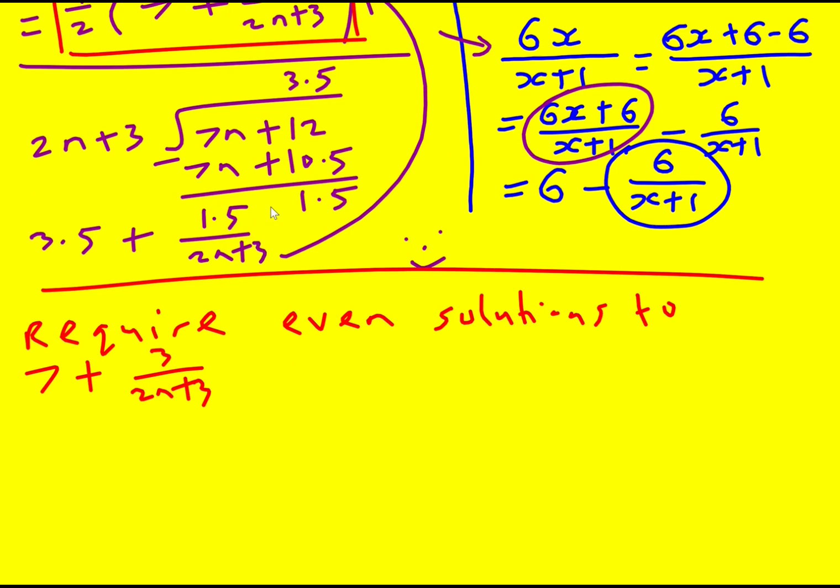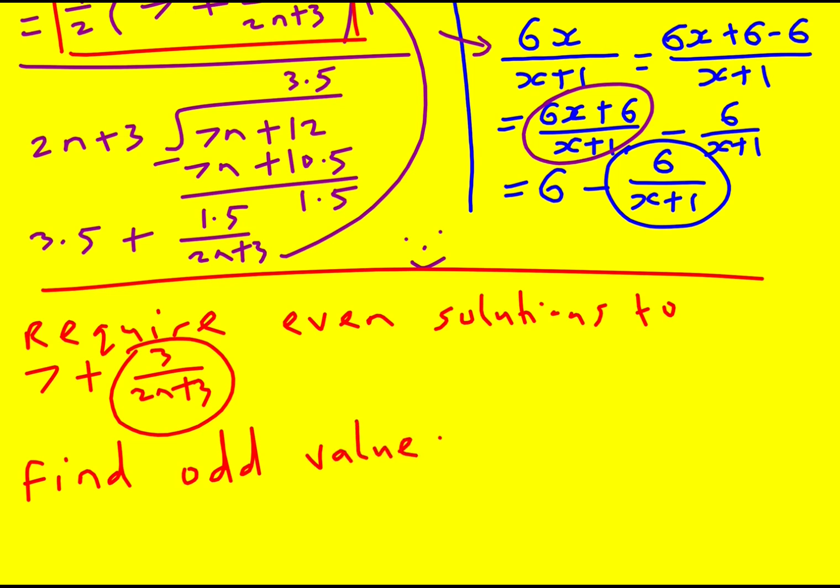I'm not going to get an integer. And how do I get an even number here? Well, I'm going to need this to be odd. When I say solutions, I mean the odd values of 3 over 2n plus 3.